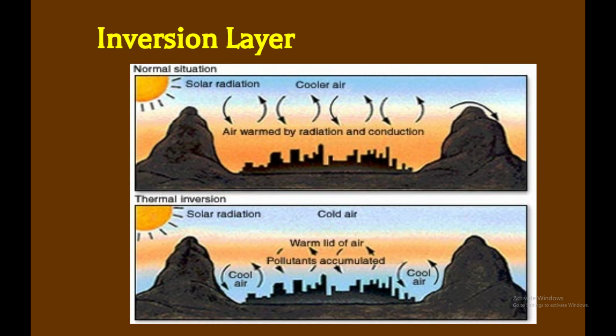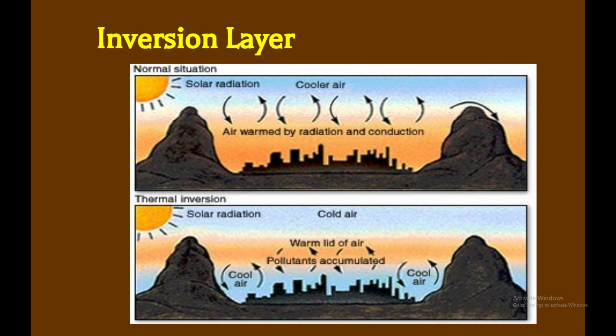So the top is a normal area. The cold air is above the warm air because it's in the troposphere, and the air gets warmed and cooled, and there's a convection current going on, and the pollutants funnel out and they rise up, and they don't stay in that one little pocket of air and grow extremely large in concentration.